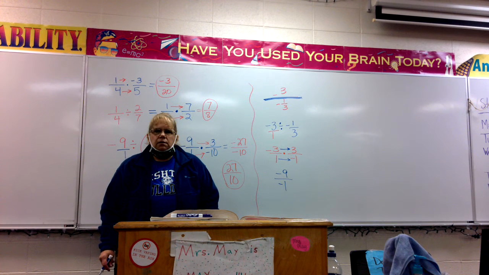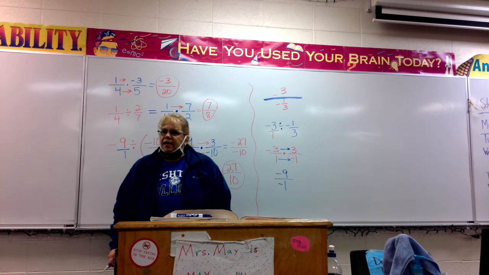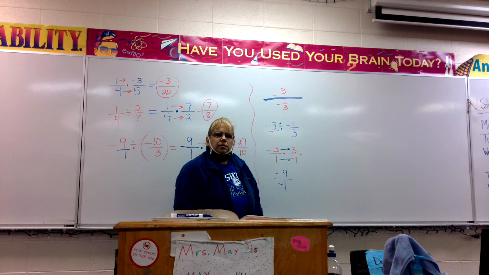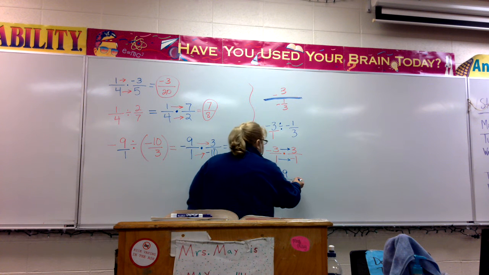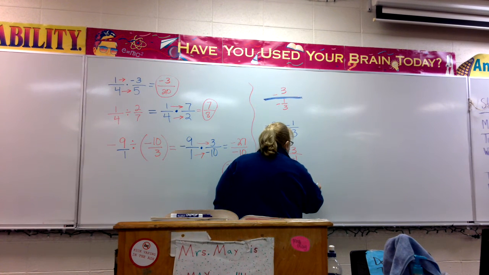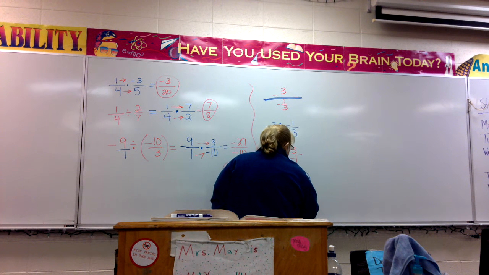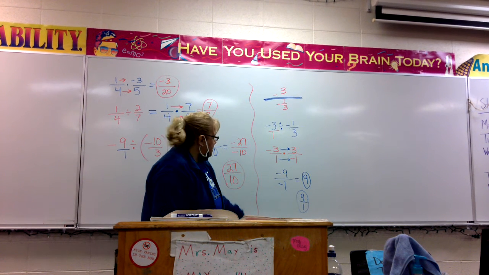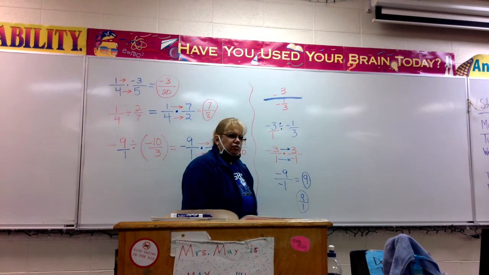Why? Because it's not simplified all the way. What is negative over negative? Positive. So positive 9, or positive 9 over 1. If you wrote it as 9 over 1, I would let that go. But you have to change negative over negative to a positive.